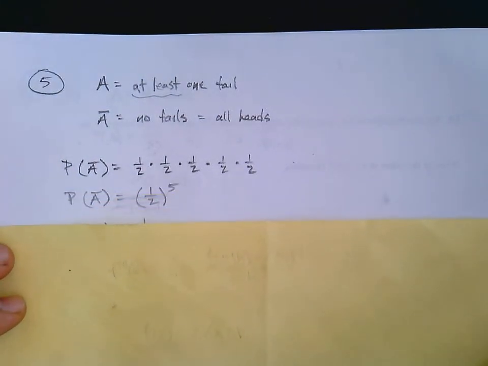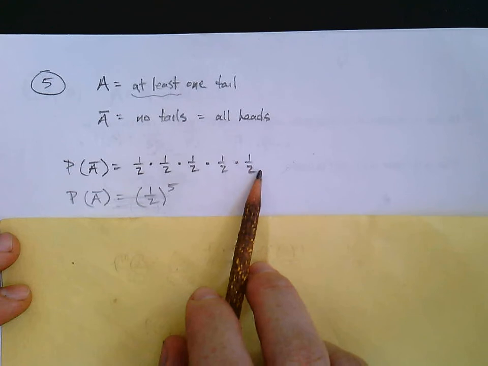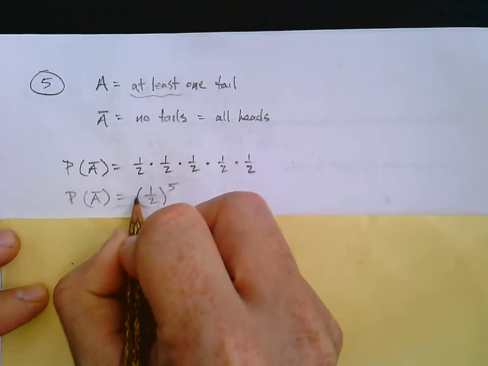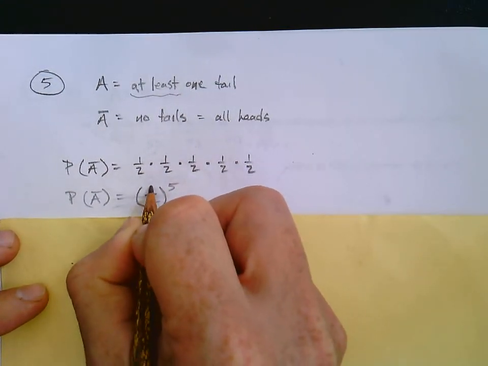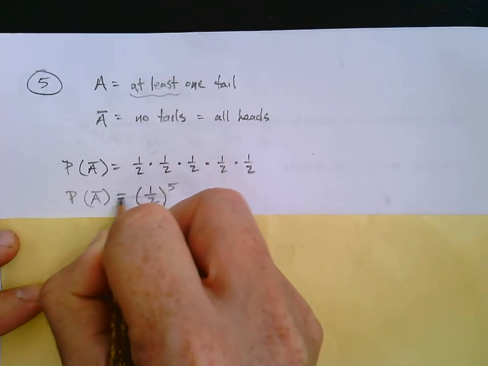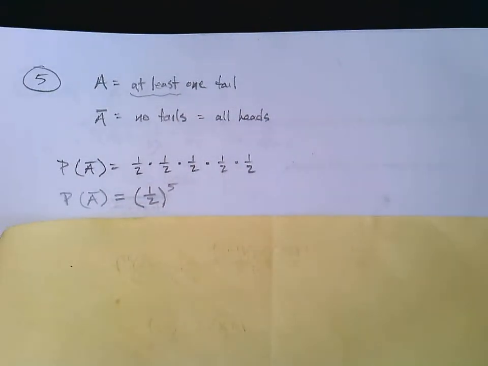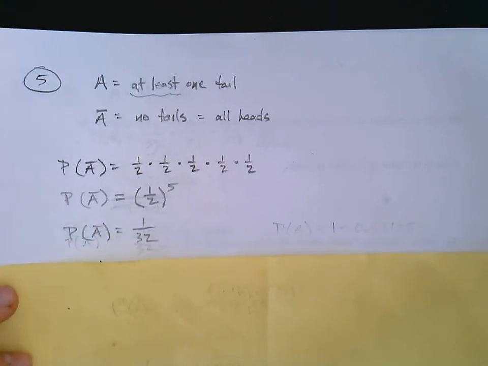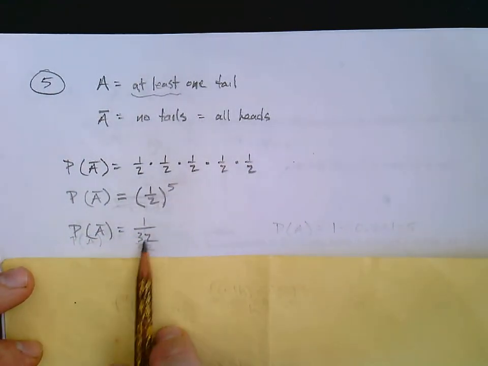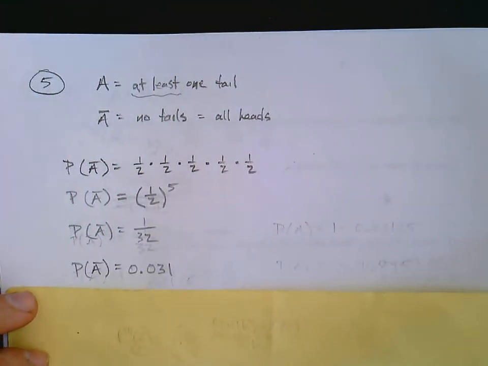And so you might think, hey, I'm multiplying the same number 5 times. So that's 1/2 to the 5th. You could also think of 1/2 as 0.5. That'd be fine too. Let's calculate that number. If you think of it as 1/2 to the 5th, that's 1/32, or maybe you just go immediately to the decimal.